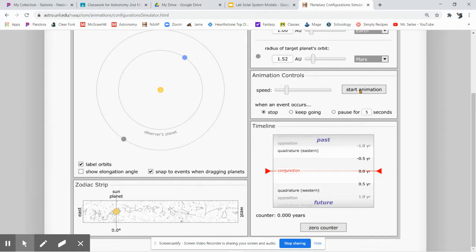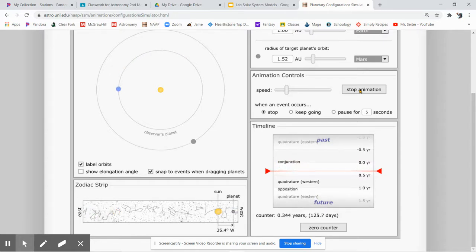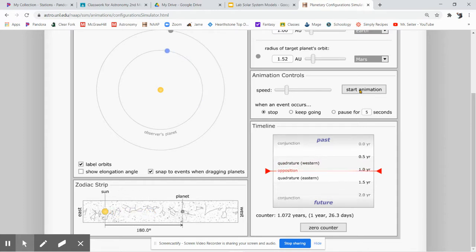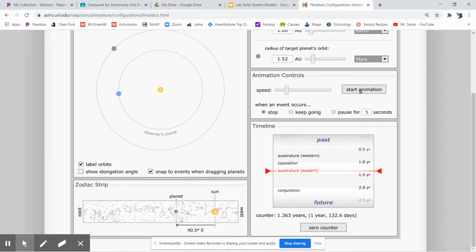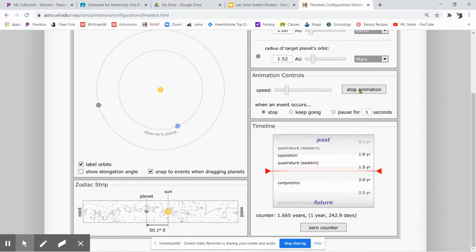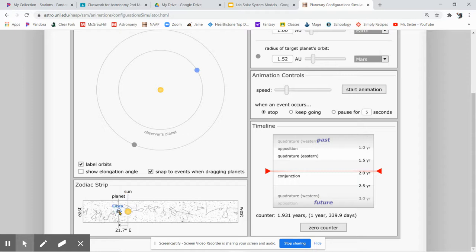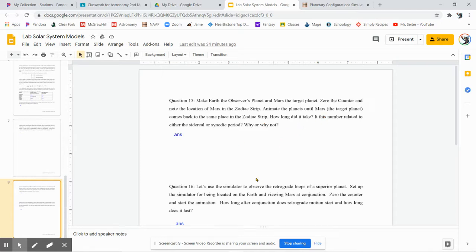That might be our little clue here. Boom. Let's drag Mars back a little bit. Okay, right there. That's what we want, I suppose. So go ahead and then answer the questions.